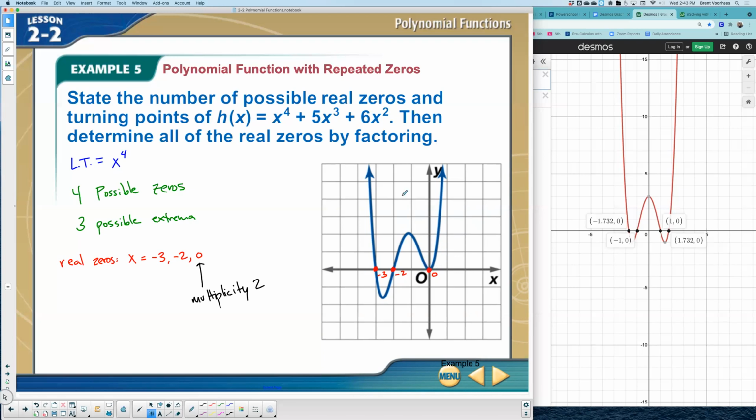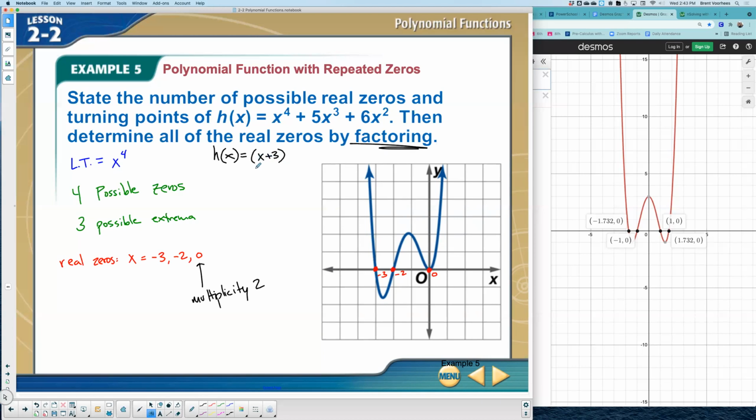The equation for this, I might blow your mind here, I might not. I can tell you the equation just by looking at this example. The equation in factored form, if you went through and factored all this, what you would end up with is the equation x plus 3 in parentheses. Where did I get the plus 3 from, do you think? From the graph. Why did I put it as a plus 3?